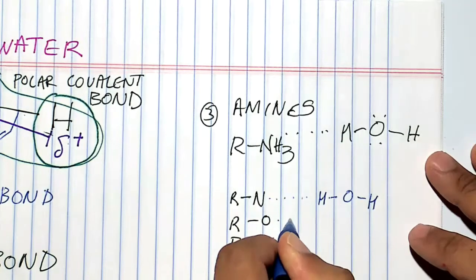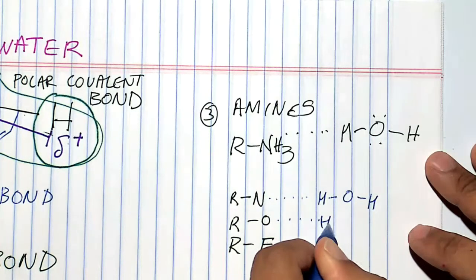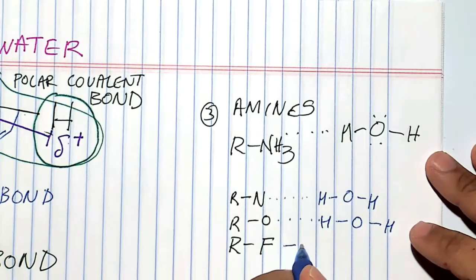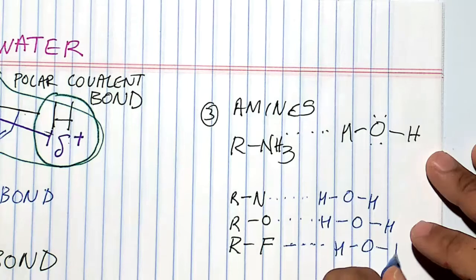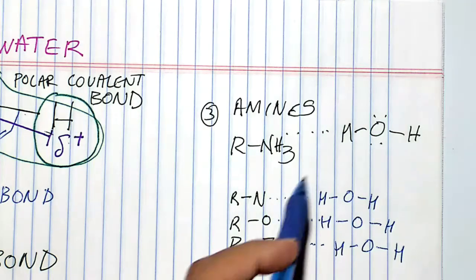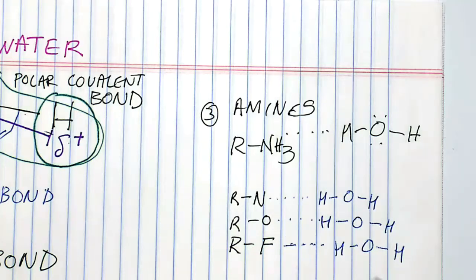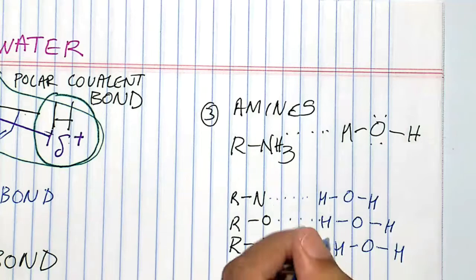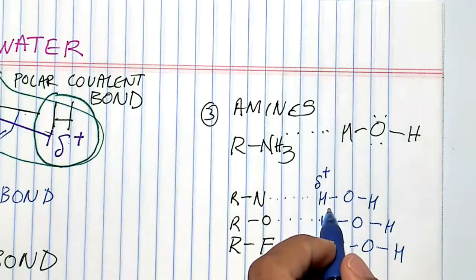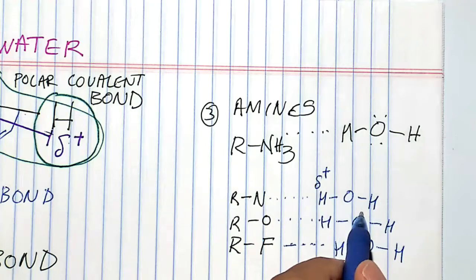So you have to remember what a hydrogen bond is. It's a very strong interaction between one part of a molecule that has a nitrogen, oxygen, or fluorine, and the partial positive charge of a hydrogen in a water molecule. This hydrogen will have a partial positive charge in this water molecule.